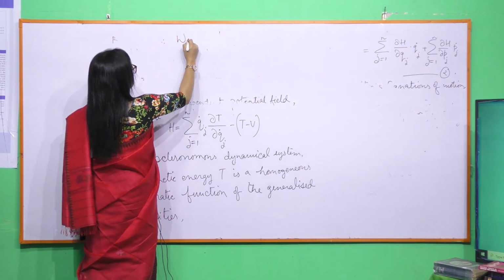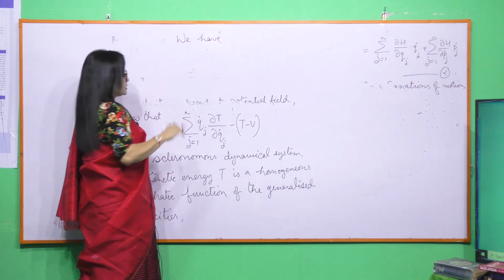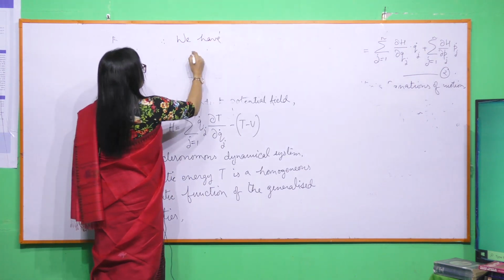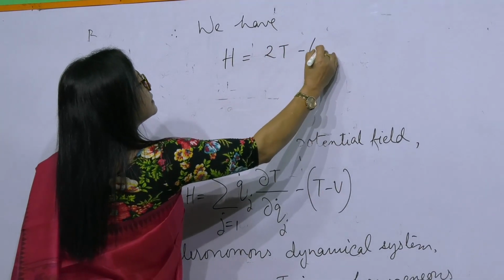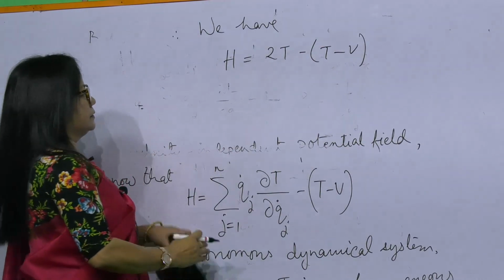Therefore, we have from the last equation H is equal to 2T minus (T minus V).